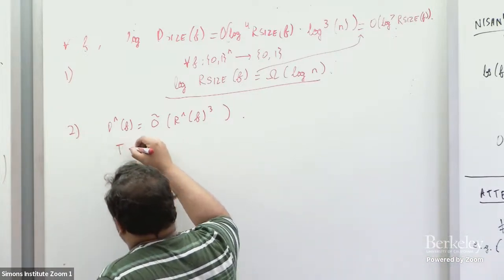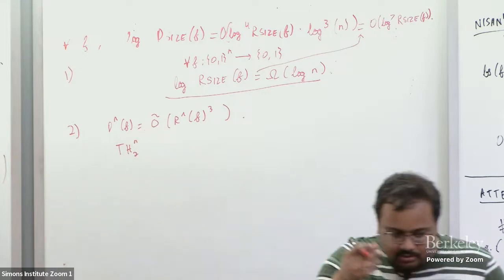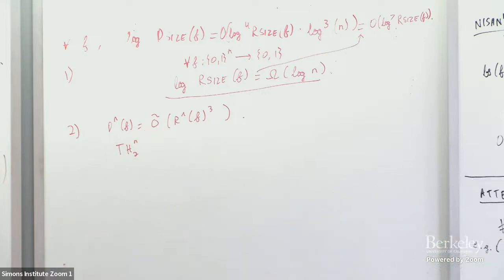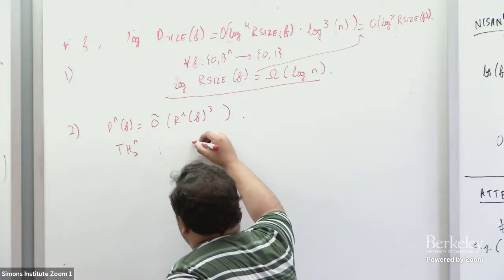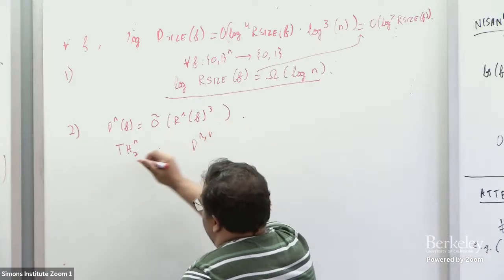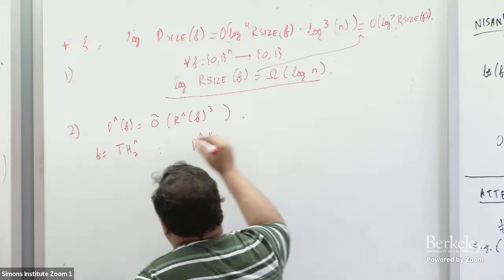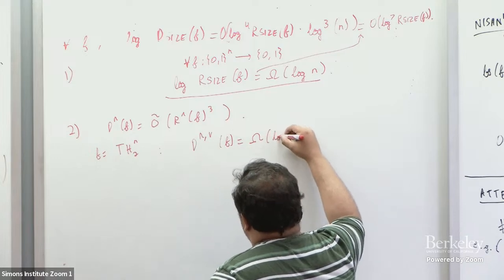So if you look at this function, that's the threshold 2 function on n inputs. In other words, this outputs 1 if there are at least 2 ones in your input and outputs 0 otherwise. It's not very hard to show that any deterministic tree, even with AND or OR queries, has to have omega log n depth.